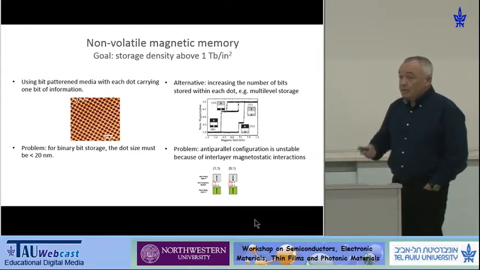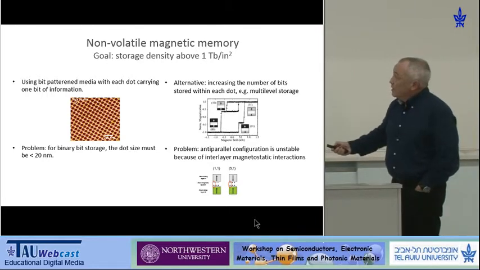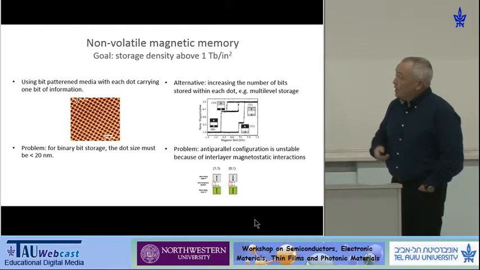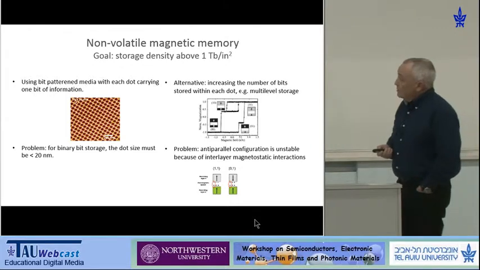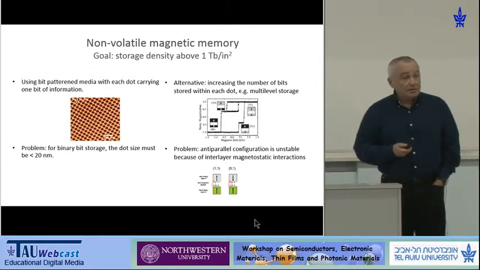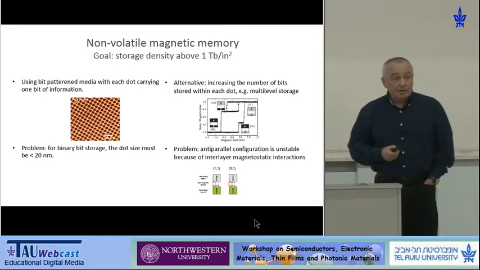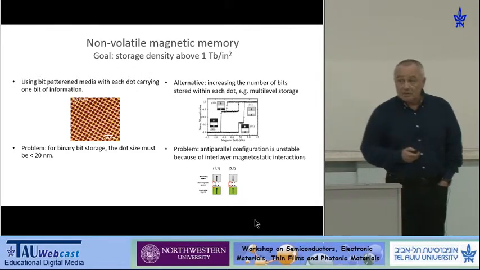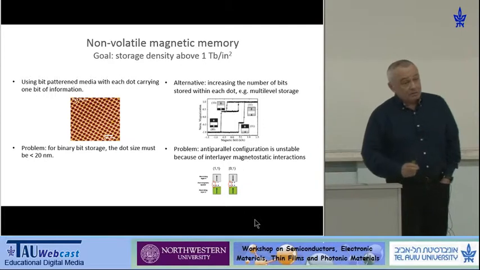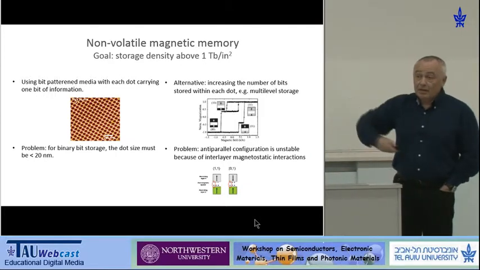One of them is to make each memory unit smaller and smaller and smaller, for instance by using patterned media for hard disk. Now, if you want to get 1 terabit per square inch, that means that each memory unit has to be smaller than 20 nanometers in size, and this has 2 problems. One of them is just to do it properly and on a large wafer.